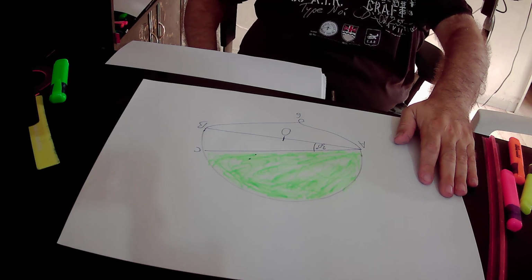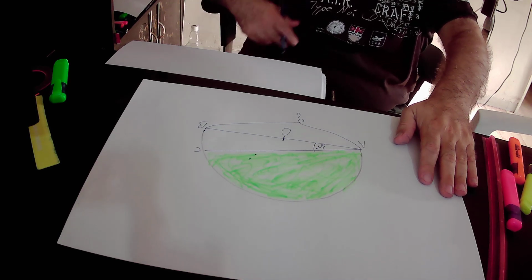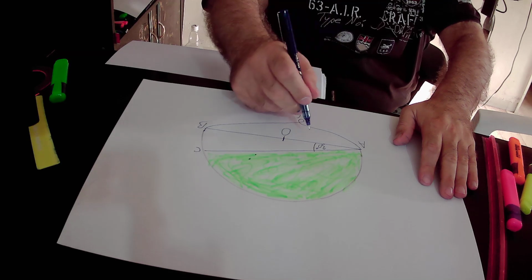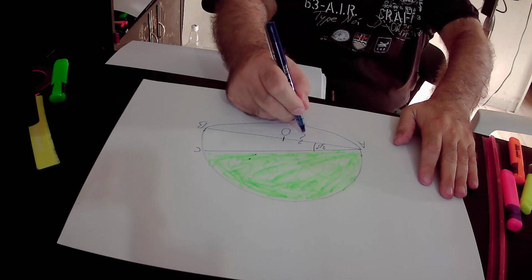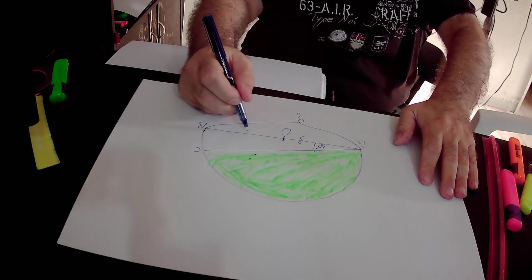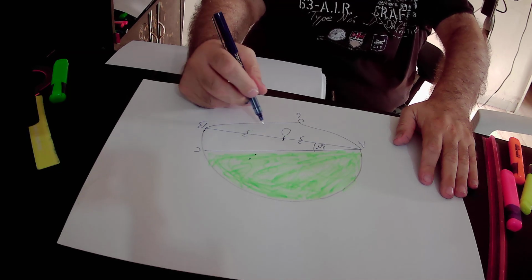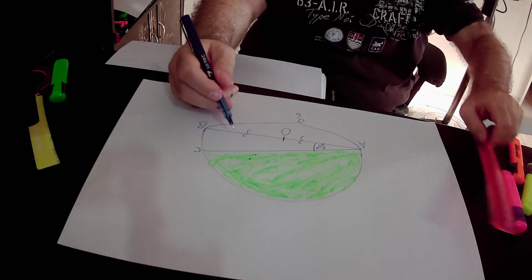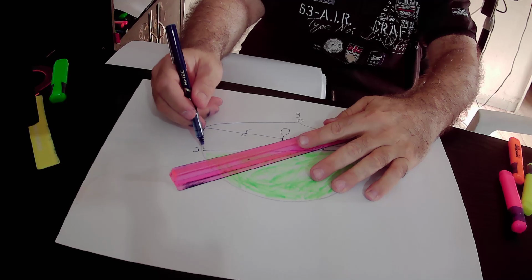That is to say, the radius must be equal to 6 over 2, that is 3 units. So the radius OA will be equal to 3 units, and the radius OB must be also equal to 3 units. In the next step, we will join points O and C together by a straight line.